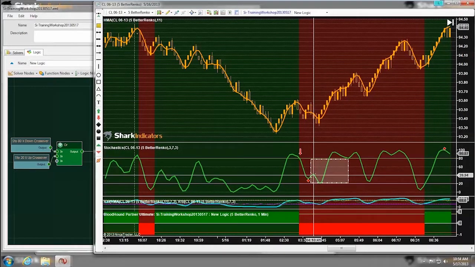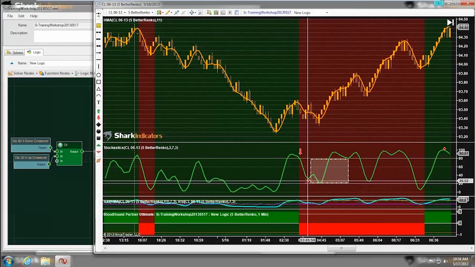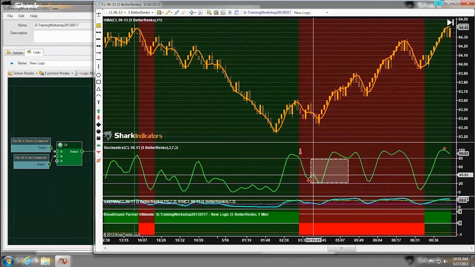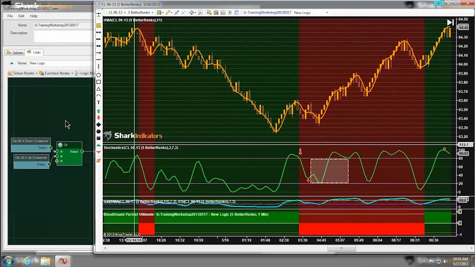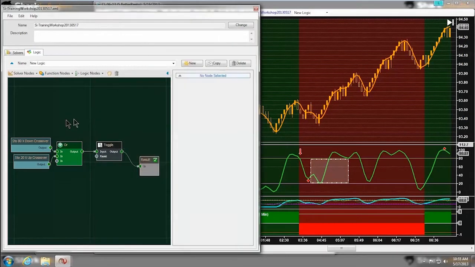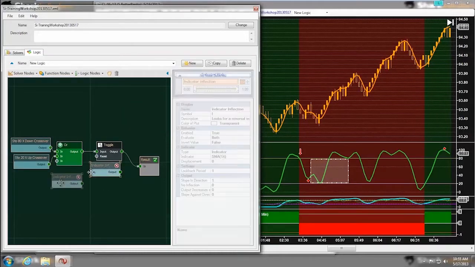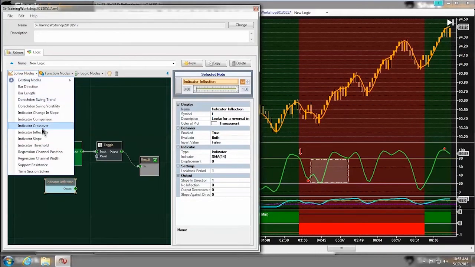So let's see. We'll take a look at both and see what the pros and cons are of using the inflection solver or using the slope solver. We'll go through the process of discovery here. So let me drop an inflection solver down, and I will drop a new slope solver down.